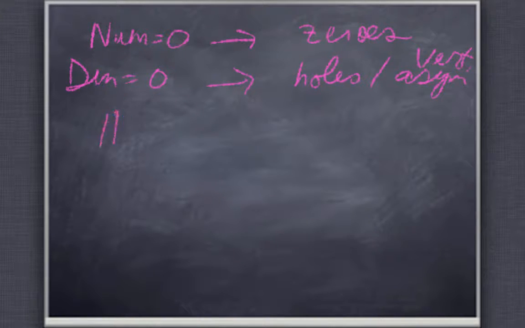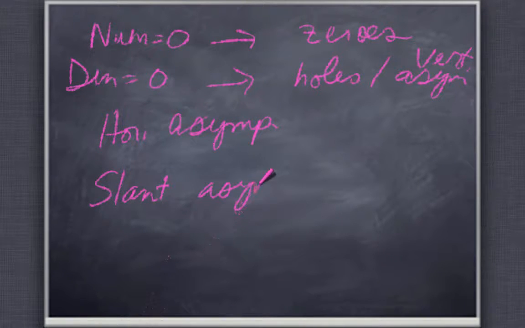We have horizontal asymptotes, and then we have slant asymptotes. This isn't all that exists in the world, but this is all that we're going to talk about in this course. So for the horizontal and slant asymptotes, you're looking for end behavior.